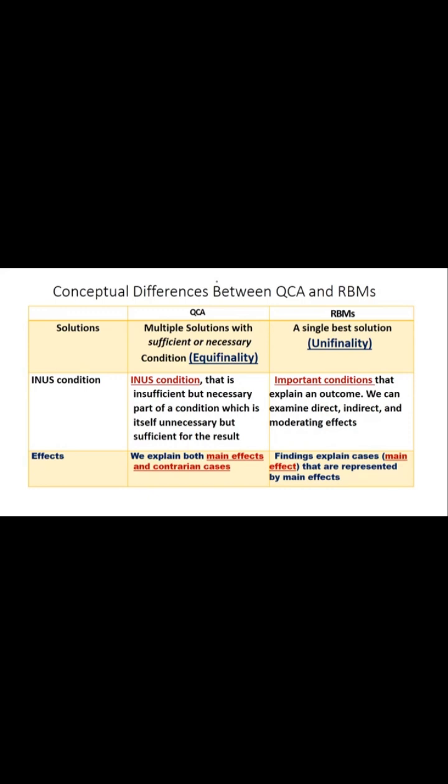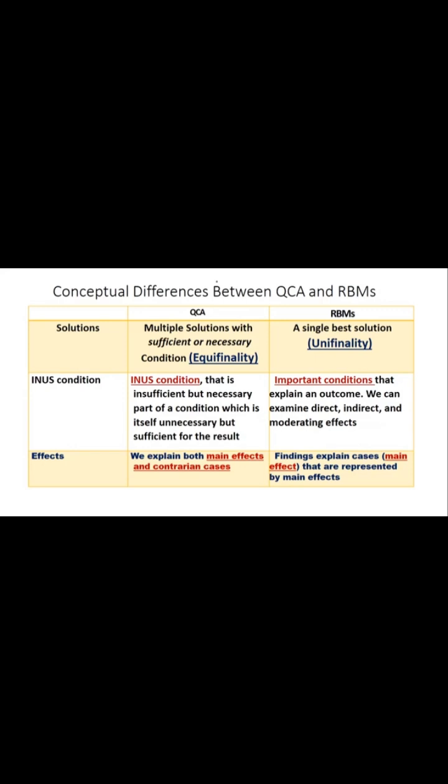INUS condition. We will get an INUS condition, that is an insufficient but necessary part of a condition, which is itself unnecessary but sufficient for the result. In a regression-based method, we will get the important conditions that explain an outcome, and we can examine direct, indirect, and moderate effects of the variable.